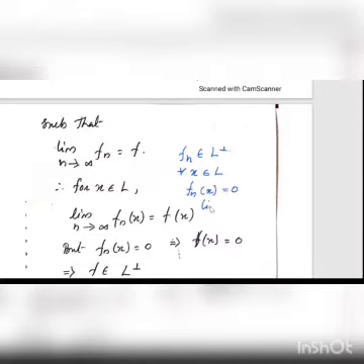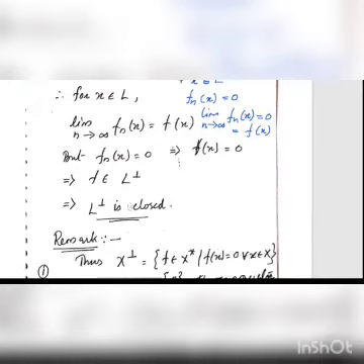Now, as n tends to infinity, Fn of x is again 0. But by definition this is equal to f of x. So what does this follow? Your f also belongs to the annihilator set.